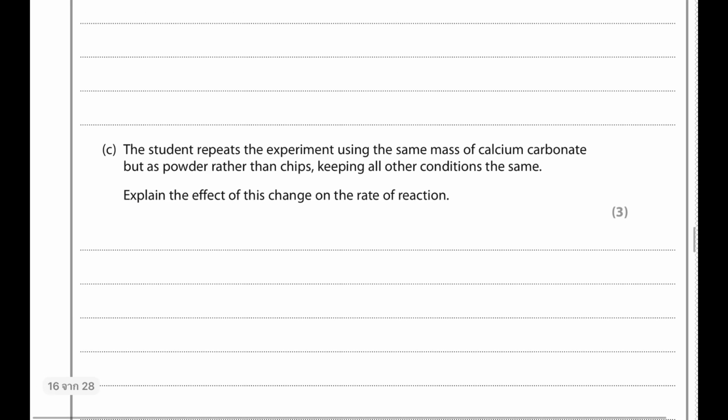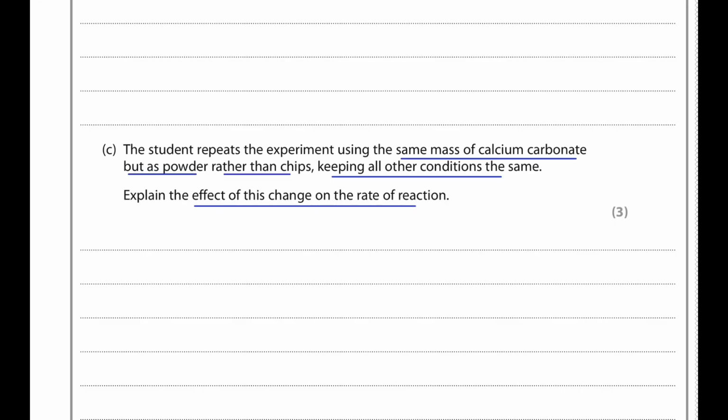Okay. Then question C. The student repeats the experiment using the same mass of calcium carbonate but as powder rather than chips, keeping all other conditions the same. Explain the effect of this change on the rate of reaction.